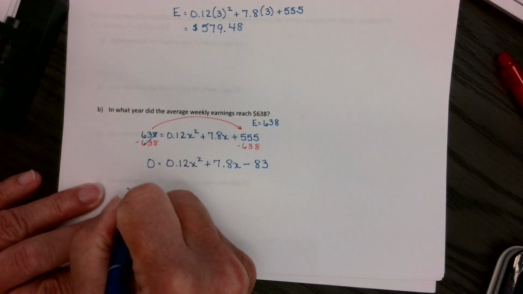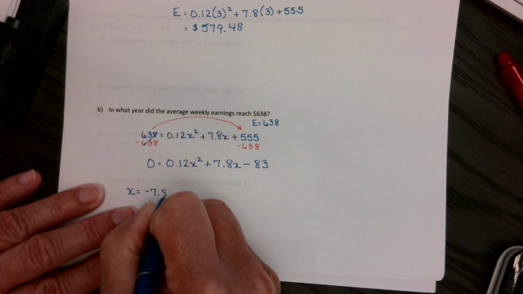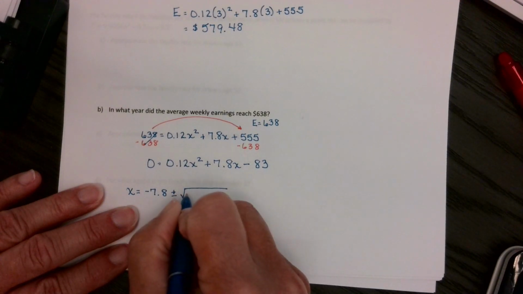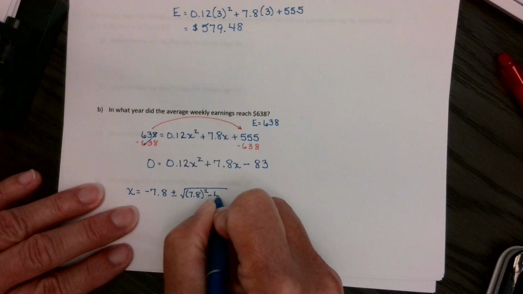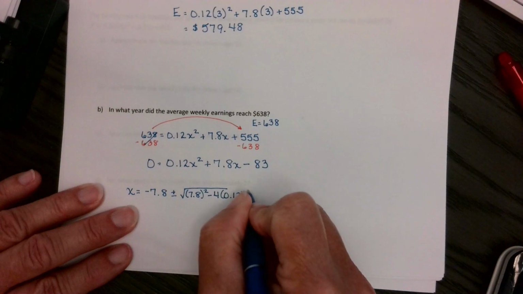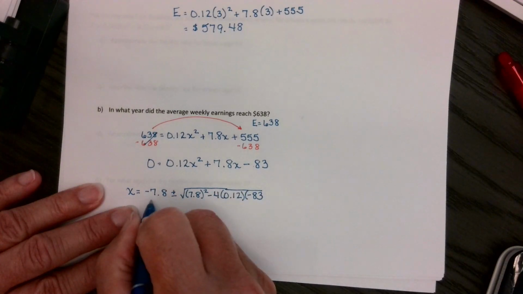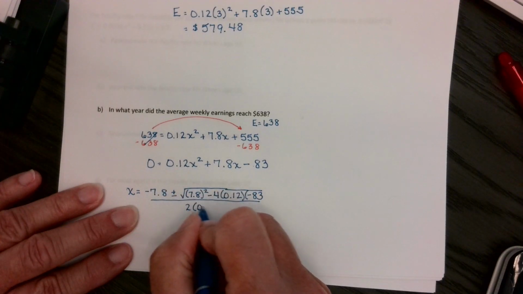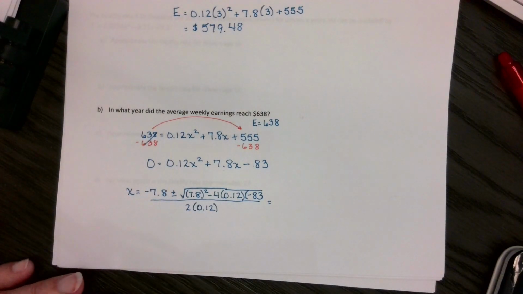I am going to say x equals negative b, so it's negative 7.8, plus or minus the square root of b squared, which is 7.8 squared, minus 4 times my a, which is 0.12, times my c, which is negative 83, all over 2 times my a, which is 0.12. Now, don't try to do this all at once.